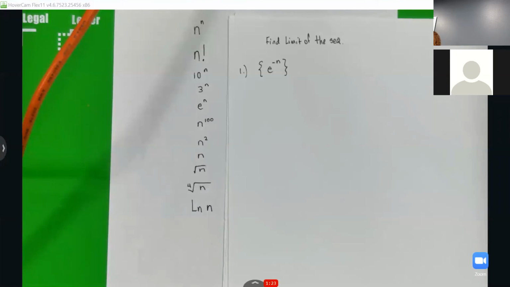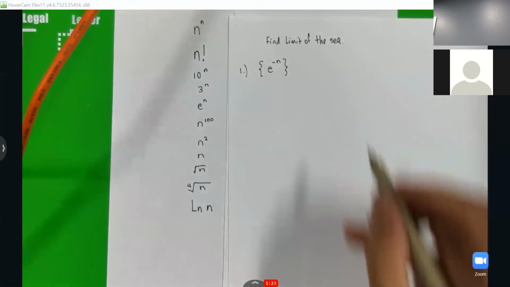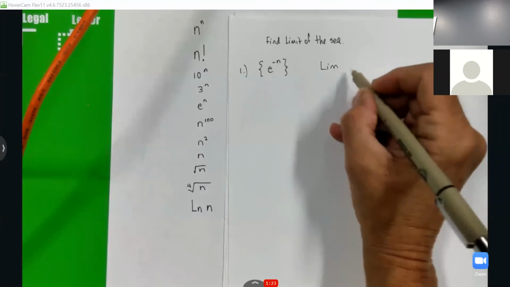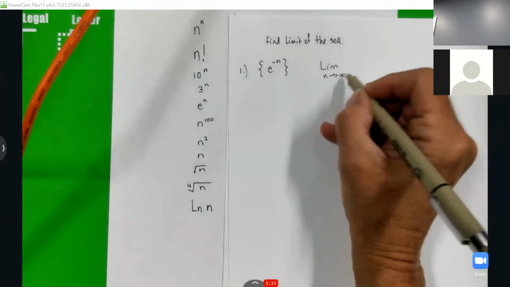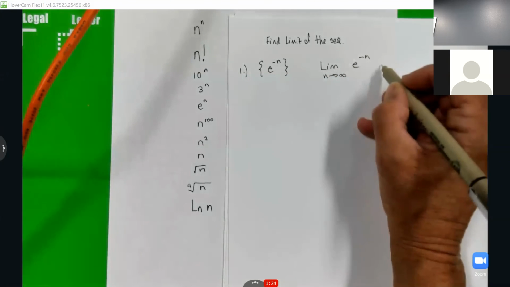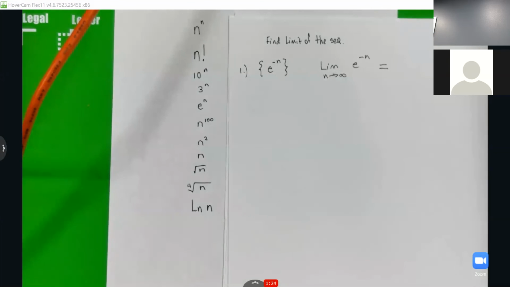When I just say find the limit again, that's as n goes to infinity. We did one like that earlier. Do you remember what that limit was?